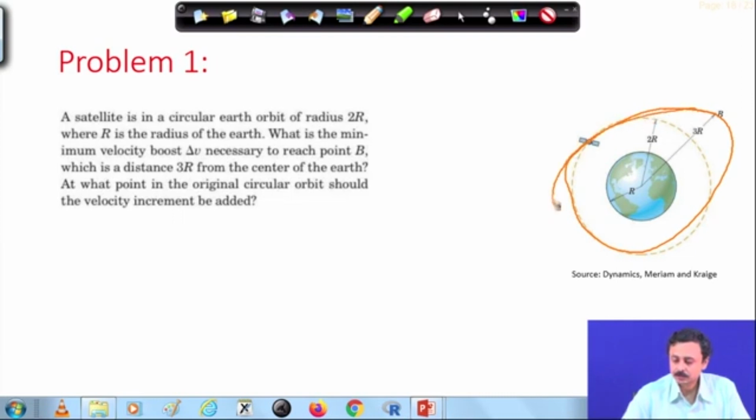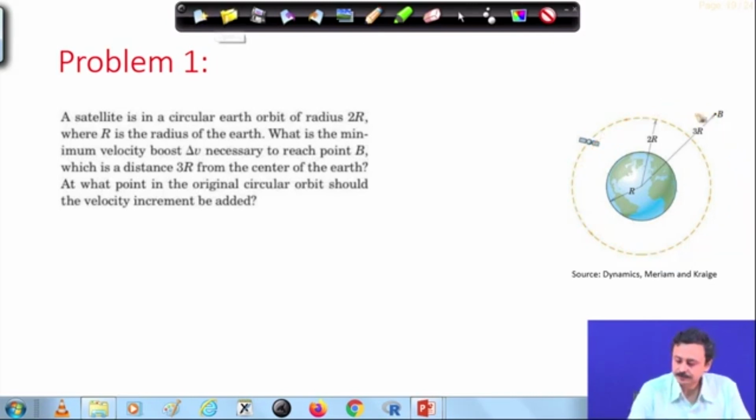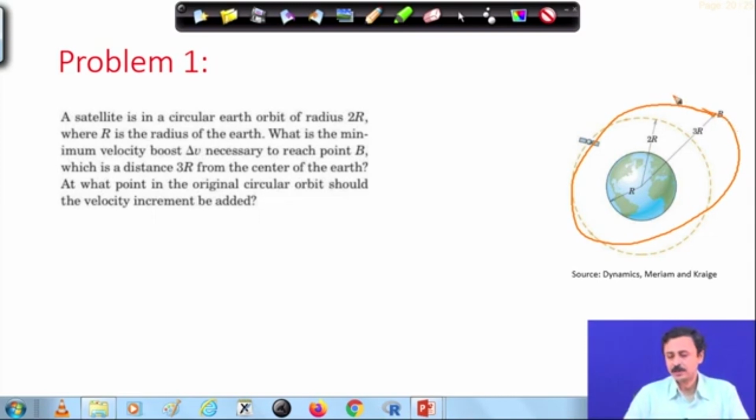So, we draw it in a better way. Okay, so this will be roughly the ellipse with B as the apogee, and therefore, the diametrically opposite point should be the perigee.